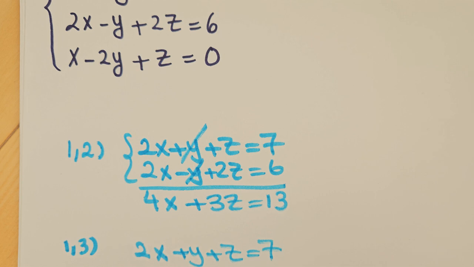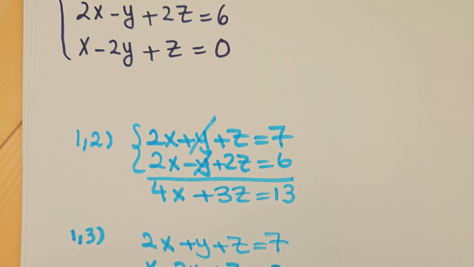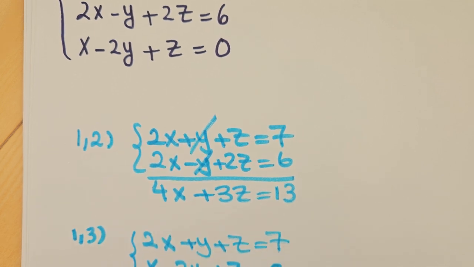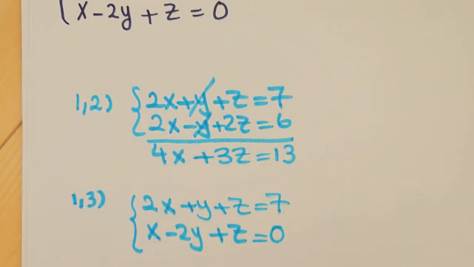Okay, so here I must eliminate the same variable. I have to eliminate y. So what I have to do is multiply the top equation, equation number 1, by 2.